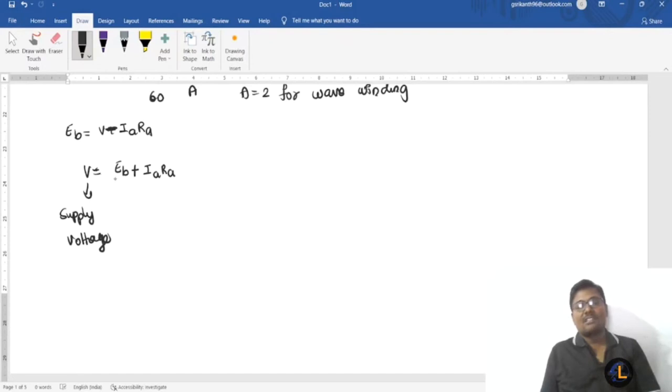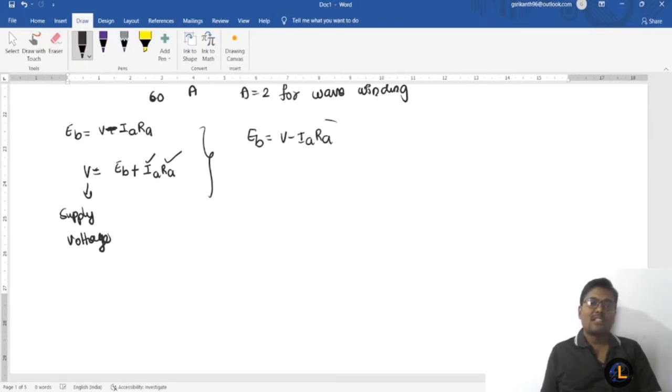Always the supply is used to meet the back EMF and the armature resistance drop. The current flowing through the armature conductors is Ia and the armature resistance is Ra, and Eb is equal to V minus Ia into Ra. So Ia is equal to V minus Eb divided by Ra.